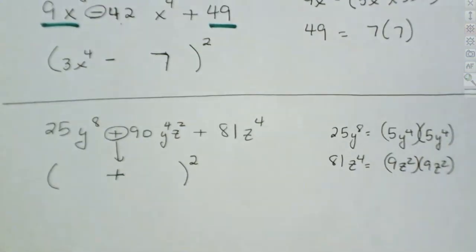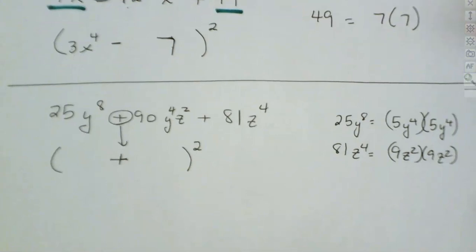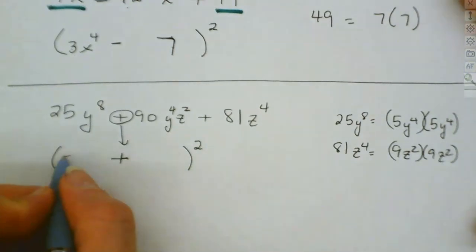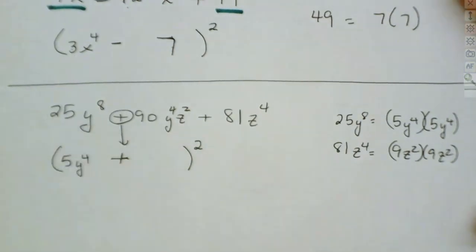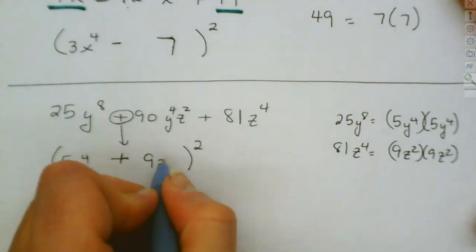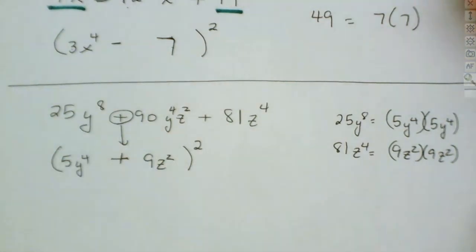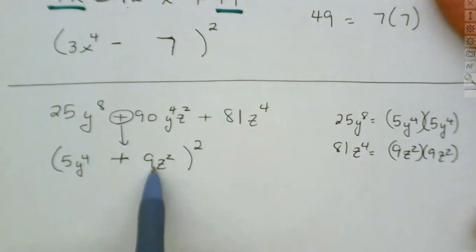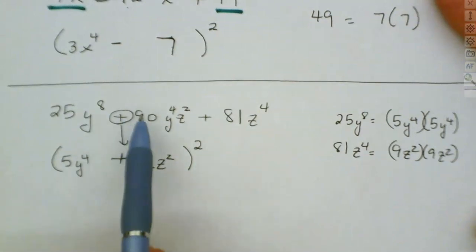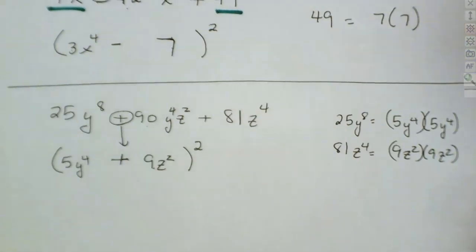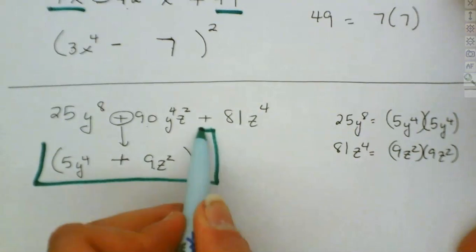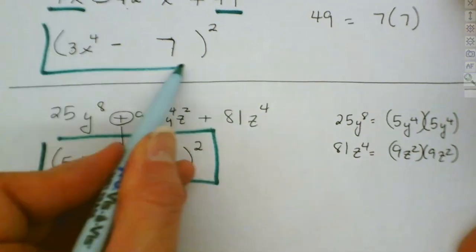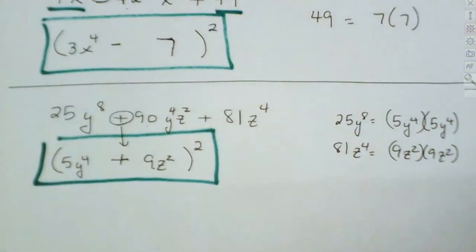These are pretty simple. So what's it going to factor into? 5y to the fourth plus 9z squared, squared. How do we know that it works? 5 times 9 is 45. Double 45, what do you get? 90 in the middle. That's it. A lot of these are very, very easy to do. They're not complicated at all.